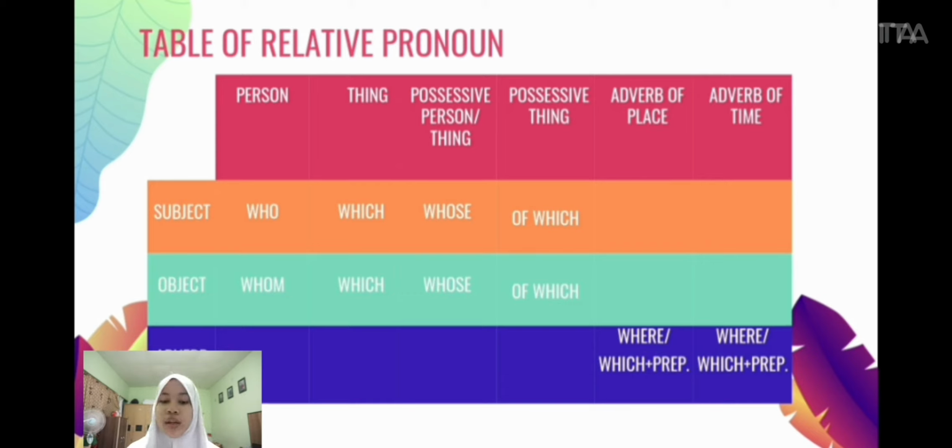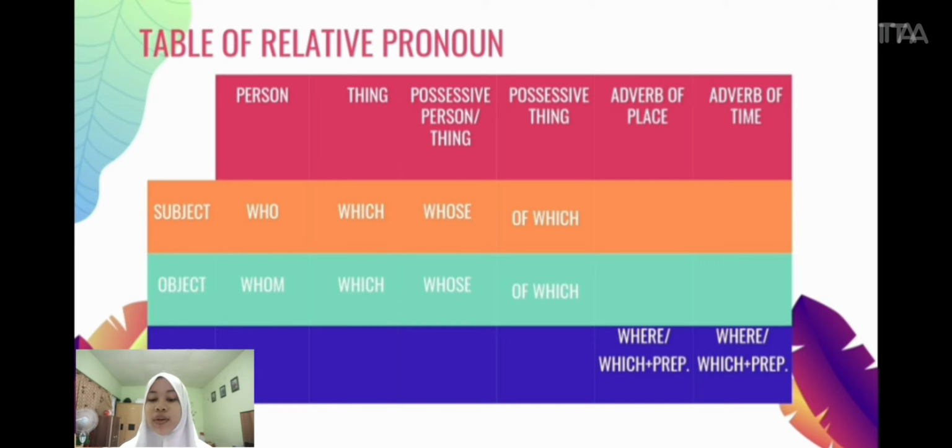Possessive thing: subject uses of which and object uses of which. Adverb of place using adverb where or which plus preposition, and adverb of time using adverb when or which plus preposition too.